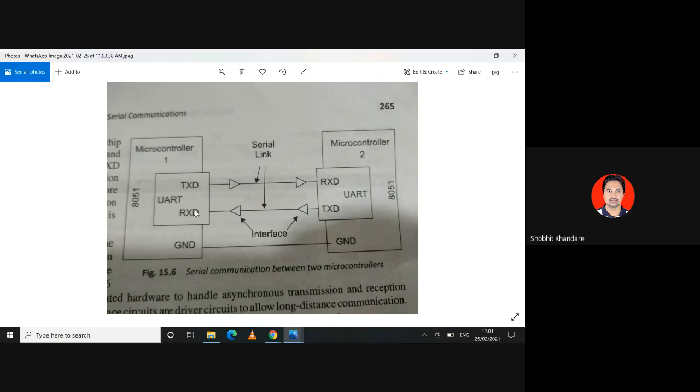For parallel, you have ports: port 0, port 1, port 2, and port 3. Okay, and the connection has to be done in this manner. Here, just an example to show you how two microcontrollers of 8051 can communicate with each other through serial communication. Is it clear to everyone?